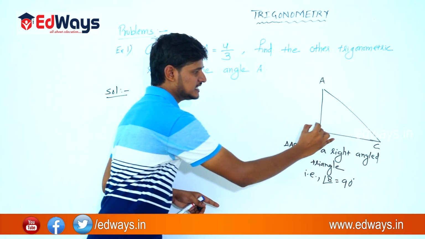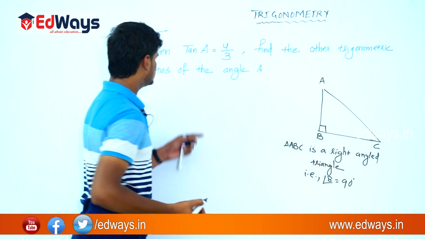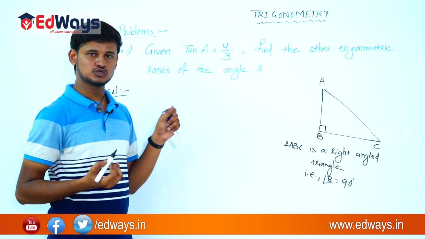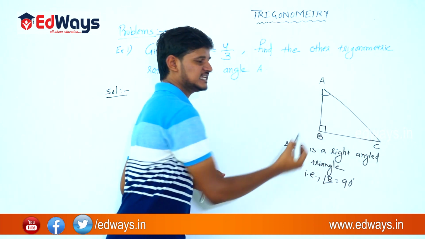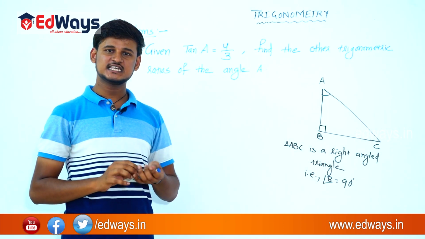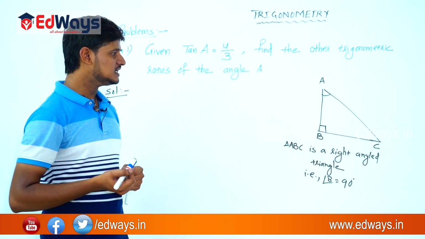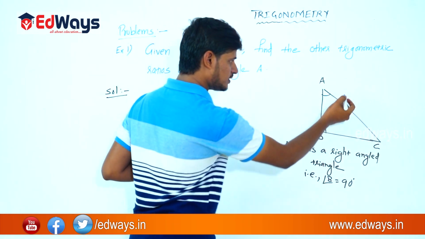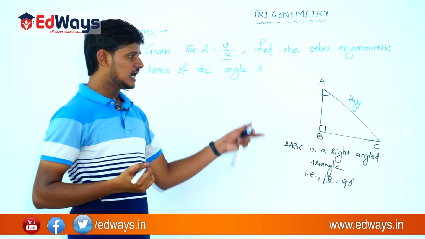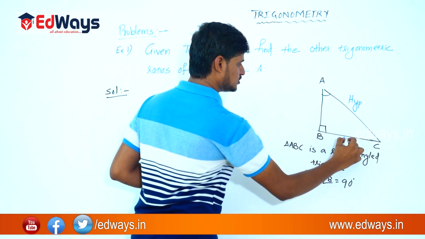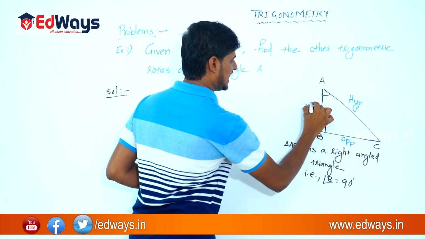Now they gave the reference angle. So what's the reference angle here? A. So this is my reference angle. With respect to the reference angle, now I am going to name the sides of the triangle. The longest side of the right triangle is the hypotenuse, and this is the opposite side, this is the adjacent side.